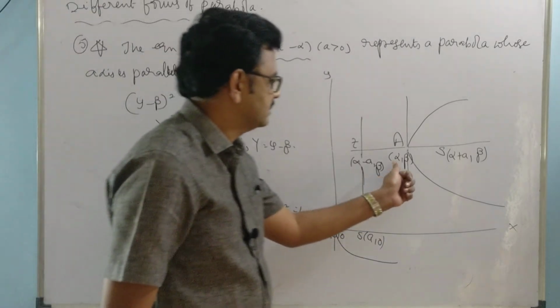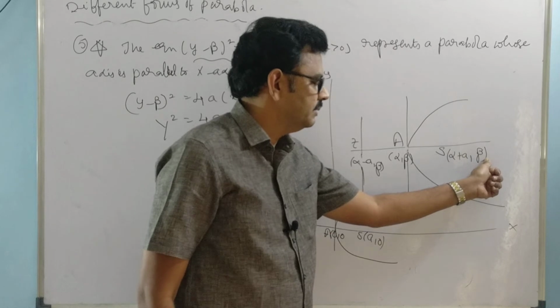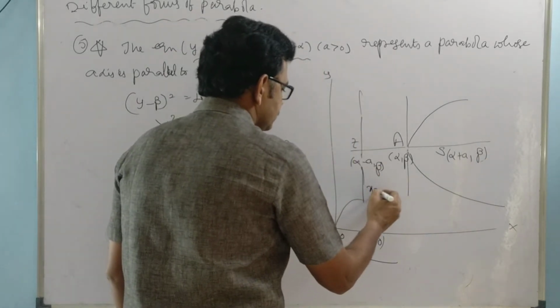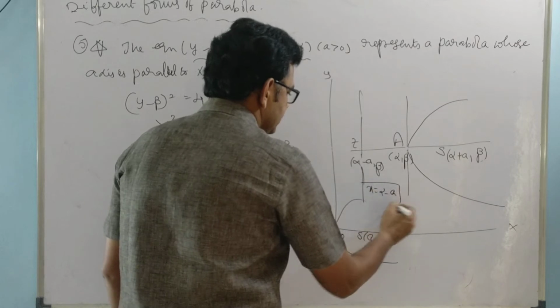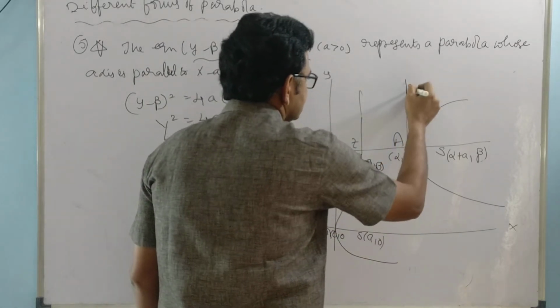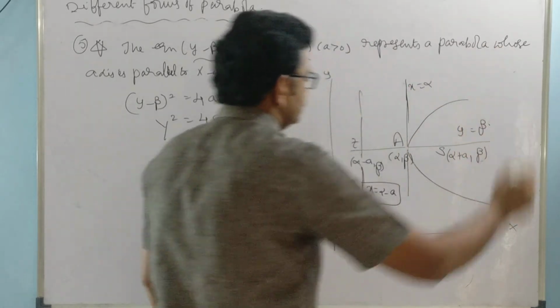Now vertex alpha comma beta, focus alpha plus a comma beta. So this is the directrix, a straight line x equal to alpha minus a. Tangent at vertex, x equal to alpha. Equation of axis, y is equal to beta.